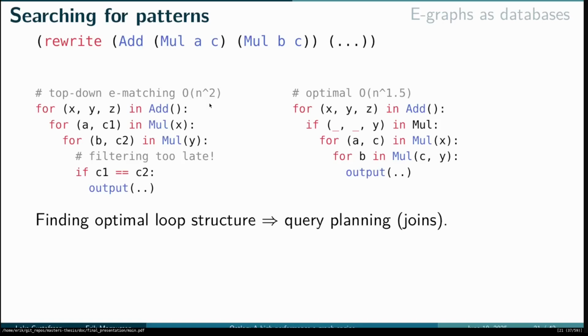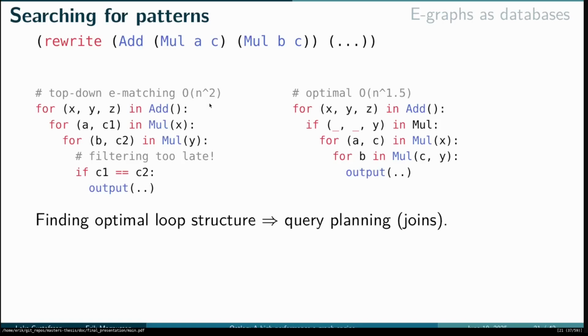One way is to just do e-matching, where we iterate for every add, every possible null that could fit and every other possible null that could fit here. And then we get O of n squared because we do filtering way later.